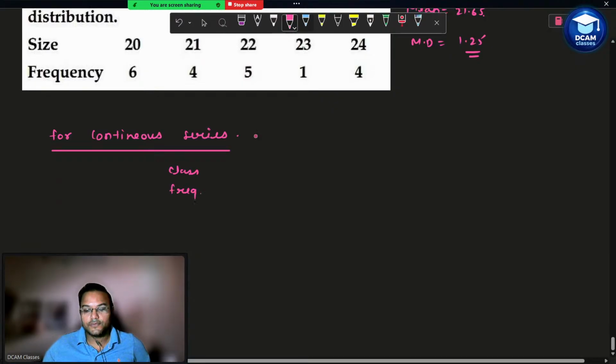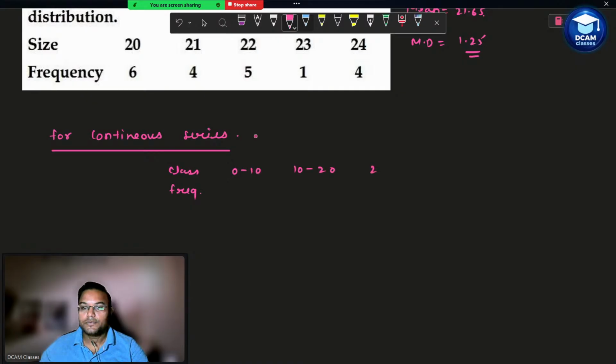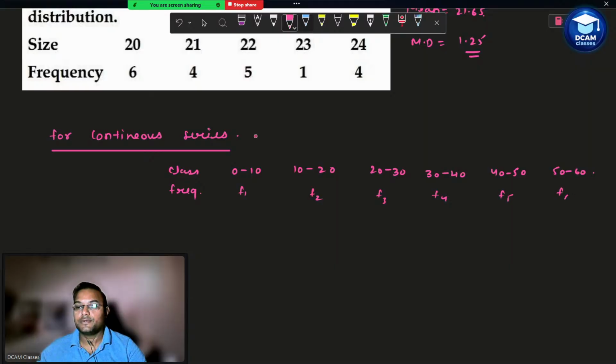Class is given in this way: 0 to 10, 10 to 20, 20 to 30, 30 to 40, 40 to 50, 50 to 60, like that. For each, they have given a frequency, suppose f1, f2, f3, f4, f5, f6.